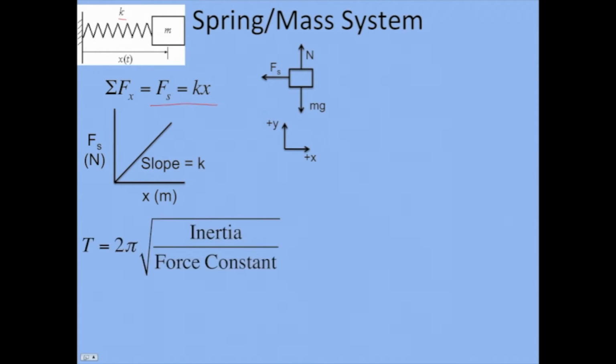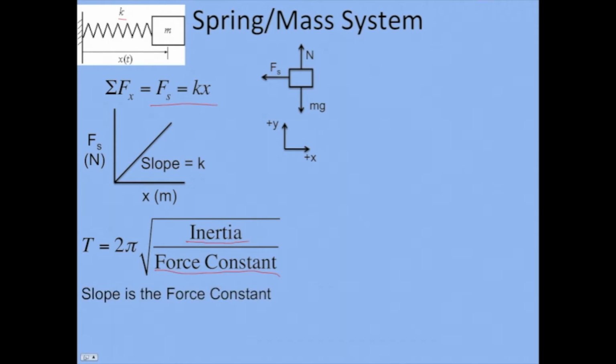And we can write out the period equation. Period is 2 pi square root of, well, we know it's m over k for a spring mass, but in general, it's inertia over the force constant. And so for a system that's going in a straight line, we know inertia is the mass, and the force constant is always going to be the slope of the force versus displacement graph. And we'll find out also if it's a rotational system, it'd be the torque versus the angular displacement.